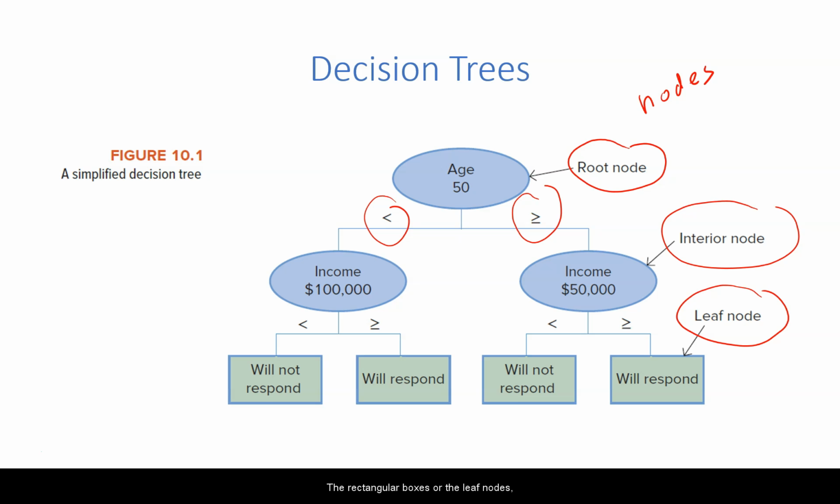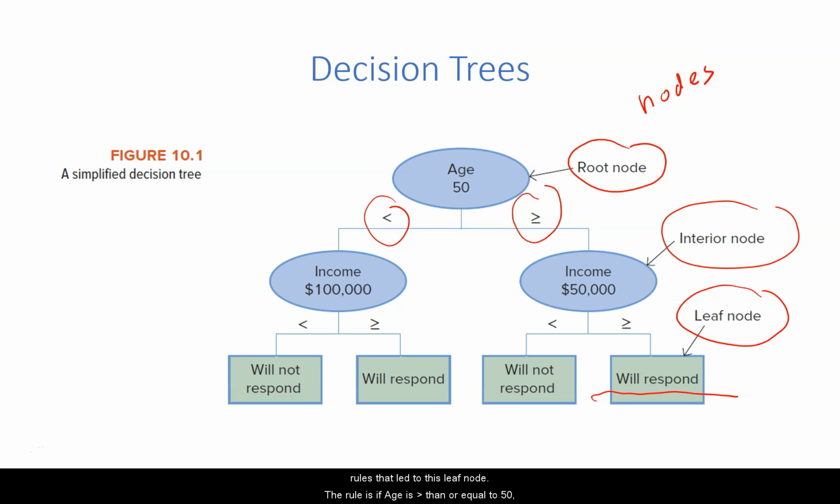The rectangular boxes, or the leaf nodes, represent the final classification or prediction. For example, the rightmost leaf node shows will respond, which is the class membership of the cases that land in this leaf node. If you trace back to the root node, you can piece together the rules that lead to this leaf node.